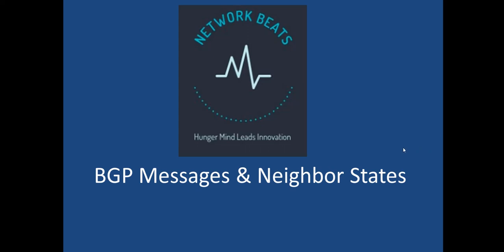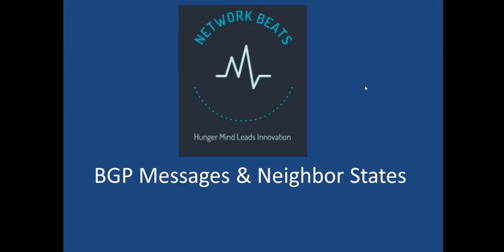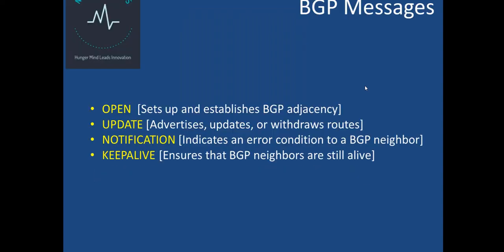Let's see what these are and why we need to learn about them. So, BGP messages and neighbor states. Basically, BGP messages come into play when Router 1 is trying to establish a neighborship with Router 2.